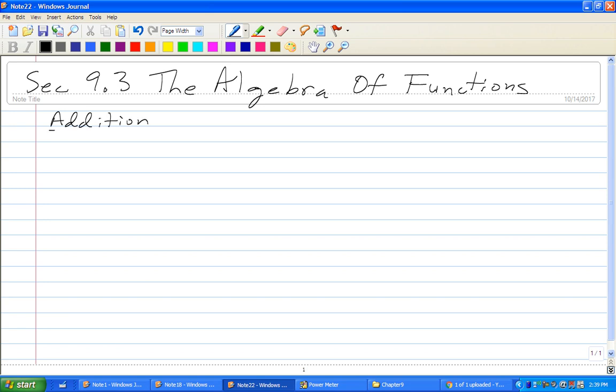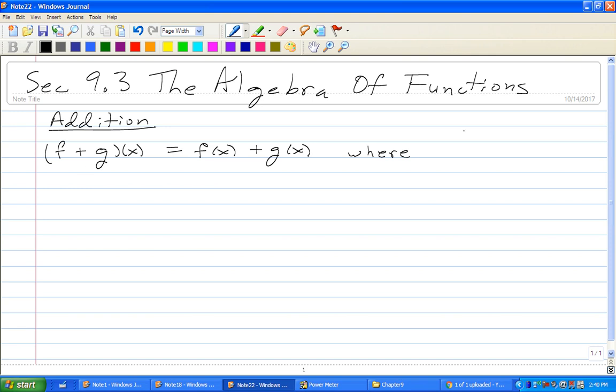And so, let me first define addition of two functions. Suppose f and g are two functions. Then I'll define f plus g pointwise as just equaling f of x plus g of x. I've defined the rule of f plus g, but I haven't told you what the domain is.